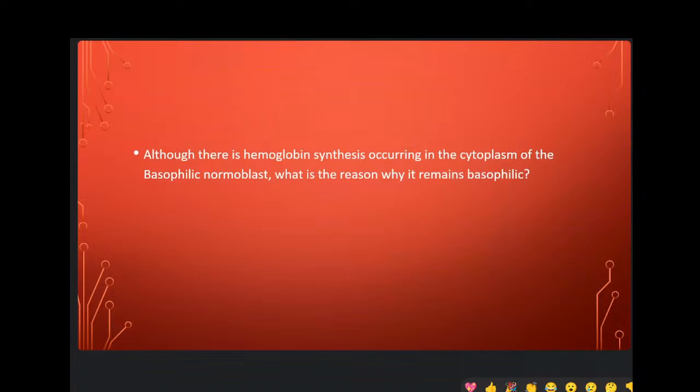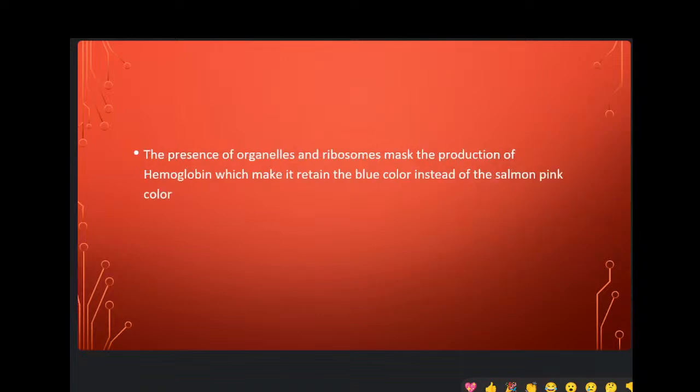Although there is hemoglobin synthesis occurring in the cytoplasm of basophilic normoblast, what is the reason why it remains basophilic? It remains basophilic because of the presence of organelles that mask the production of hemoglobin. Organelles that mask, which make it retain the blue color instead of the salmon pink color.